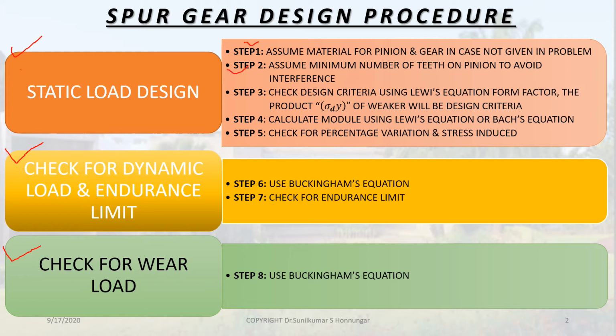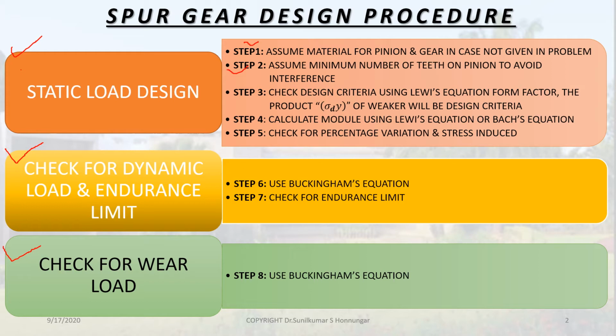In the third step, you have to check the design criteria using the Lewis form factor. Design criteria means you have to decide whether the gear is weaker or the pinion is weaker. How are you going to judge? There is something called the Lewis form factor. If you remember, the constant term I told you about, capital Y, is pi into small y, and that small y is the Lewis form factor.